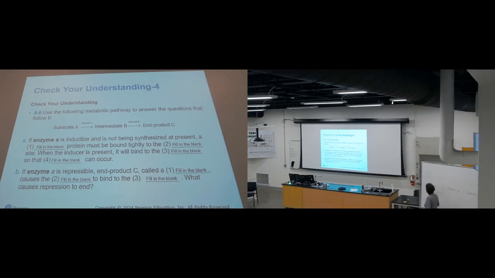Let me put it this way. If enzyme A is repressible, end product C, called a blank, causes the blank 2 to bind to the blank 3. One would be co-repressor, right? It binds because... So what will 2 be?